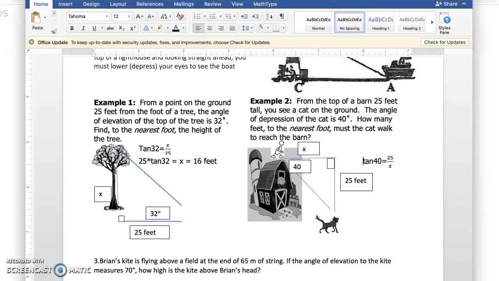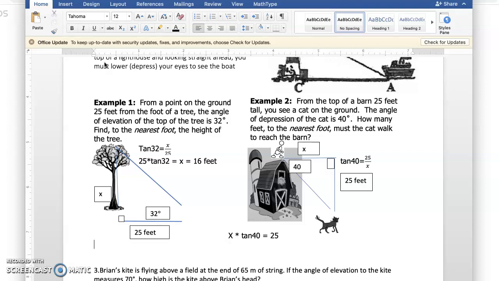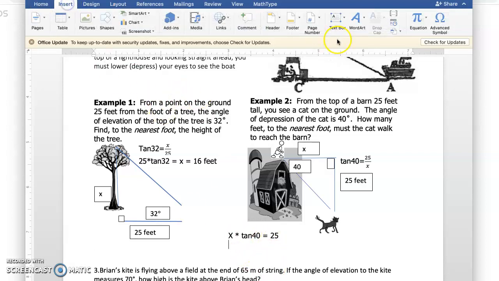Let's make sure we move that back. Then we're just going to do our inverse operations and solve for x, and I'm going to write the work down here. So if I cross multiply, I have x times the tangent of 40 is equal to 25. Then I would know that I have to divide by the tangent of 40 to get x by itself.